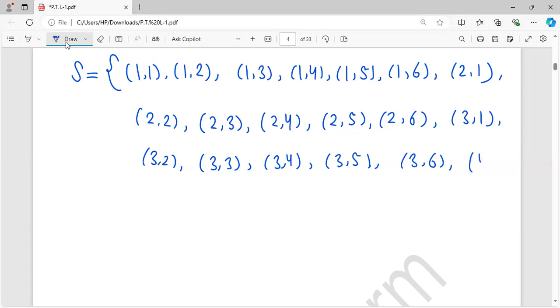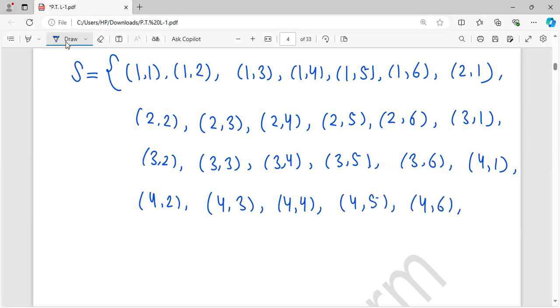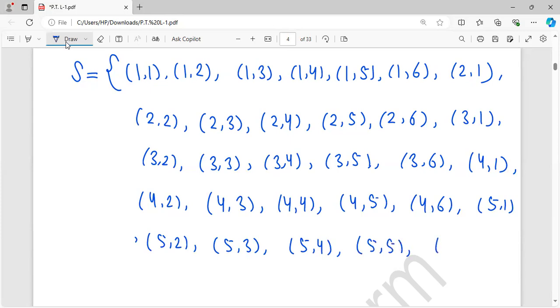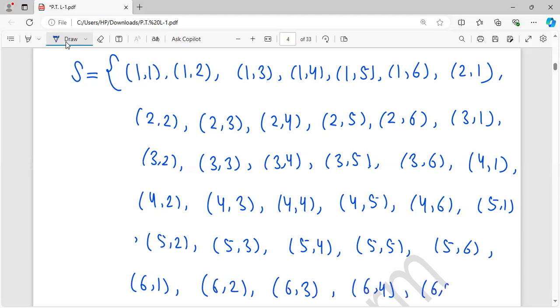Then 4,1 through 4,6; 5,1 through 5,6; and 6,1 through 6,6. So the sample space has 36 elements.